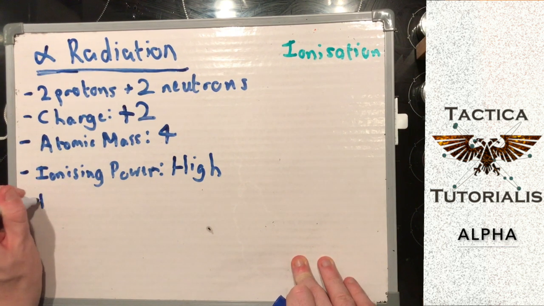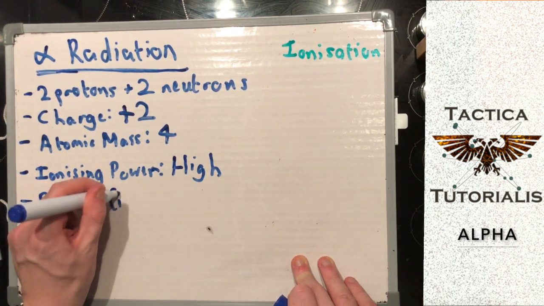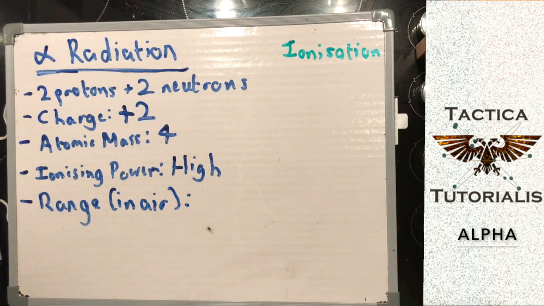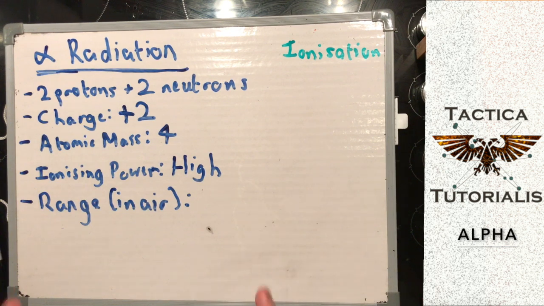However, this comes at a cost. Well, actually, the ionizing power doesn't really come at a cost, but something else does, and that's the range. So radiation does not travel forever. If it did, then the fallout from certain nuclear incidents would probably have been a lot worse.